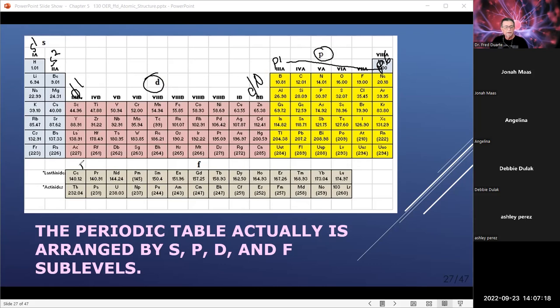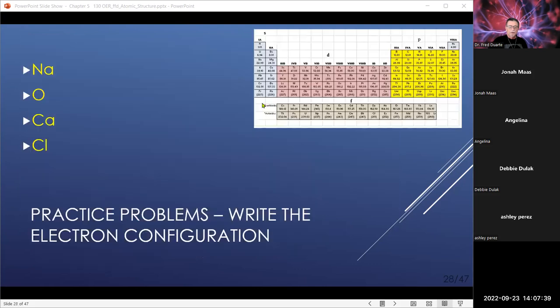And then we have F1 to F14 for the F block. That helps us figure out the electron configuration relatively quickly by knowing the position of the element and where it's at.